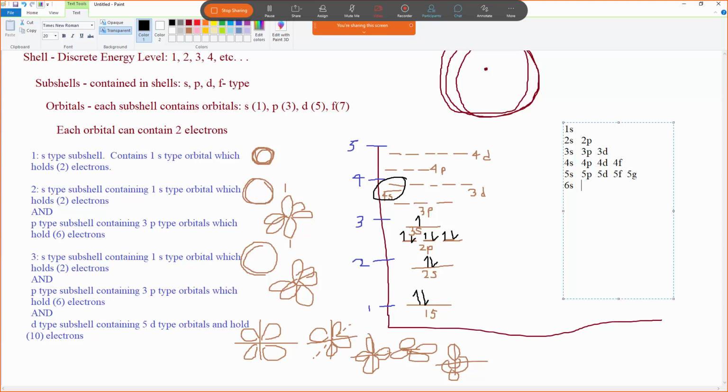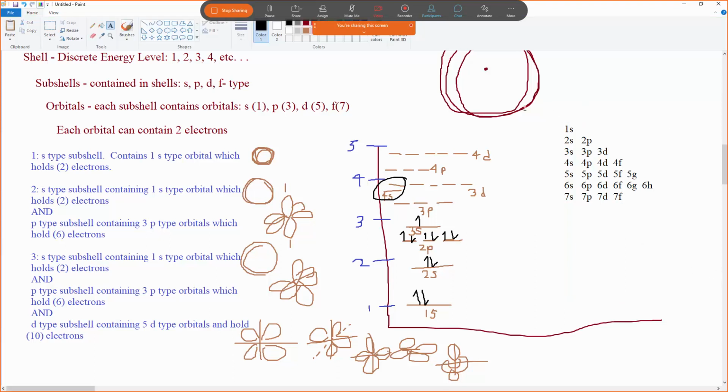After f, they said, let's just call them by alphabetical order. 6h, hypothetically. 7s, 7p, 7d, 7f, and so on and so forth.